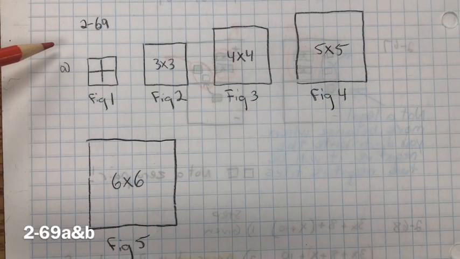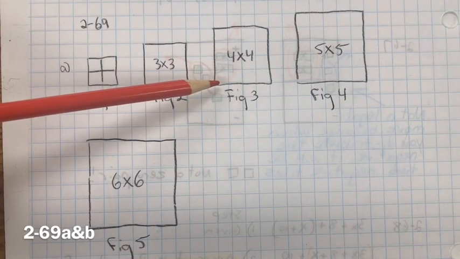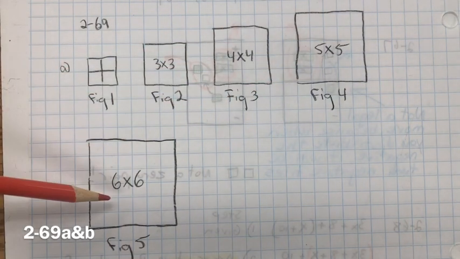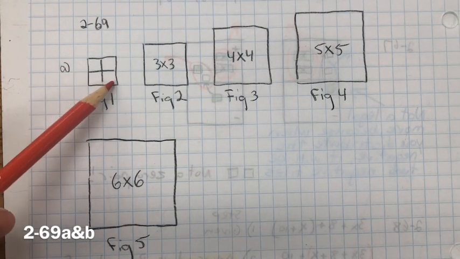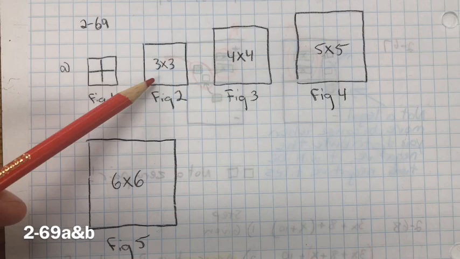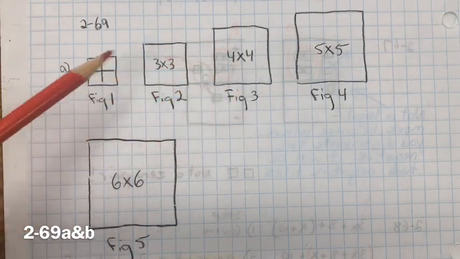Problem 269. Figures 1, 2, and 3 were given, and you needed to draw 4 and 5. Well, figure 1, you can see, is a 2 by 2. Figure 2 is a 3 by 3. Figure 3 is a 4 by 4.